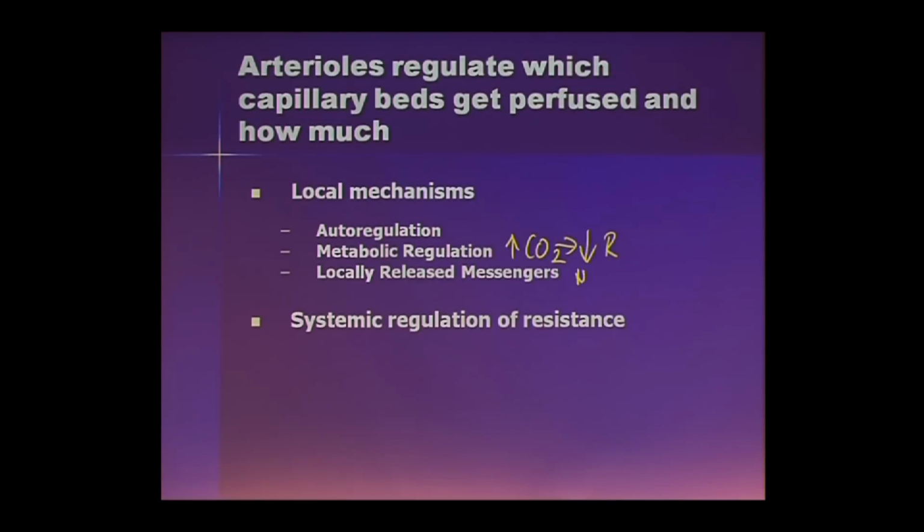So metabolic regulation, there are a number of metabolic regulators. In muscles, it's actually extracellular potassium as well. I just want to point this out to you, not spend too much time on it. And then there are locally released messengers, such as NO, nitric oxide, or histamine. We're all familiar with histamine.